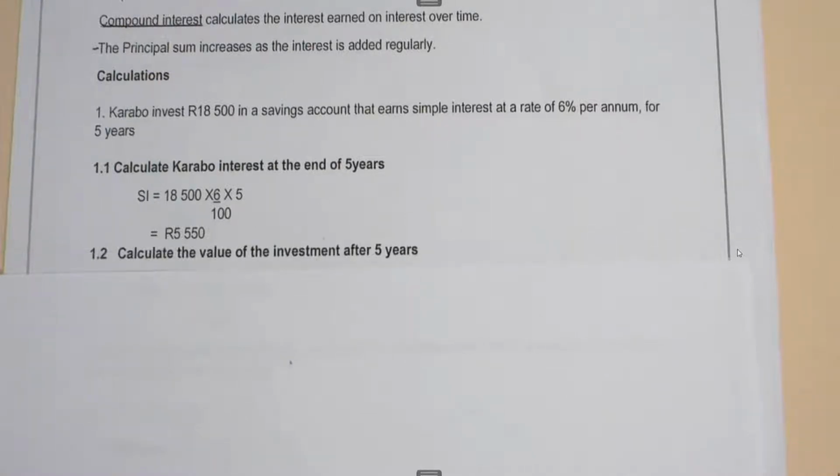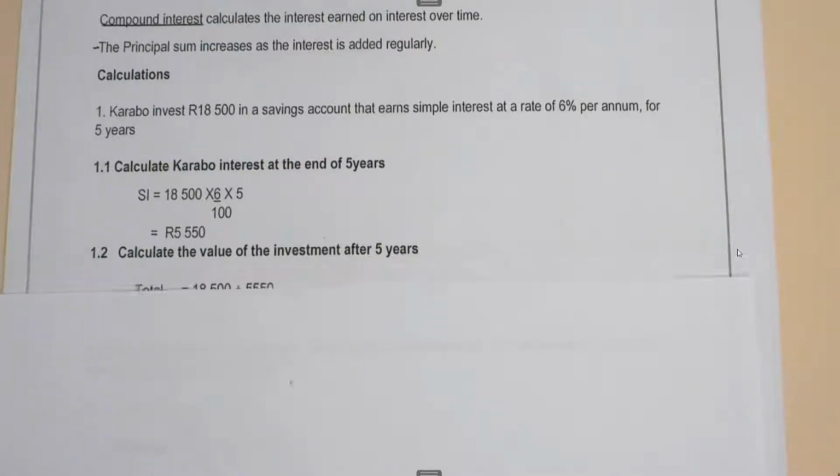In number 2, the question says, calculate the value of the investment after 5 years. Meaning here we have to calculate how much money Karabo will get at the end of 5 years. It is the principal sum plus the simple interest.